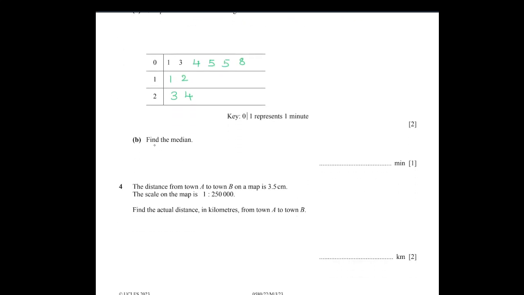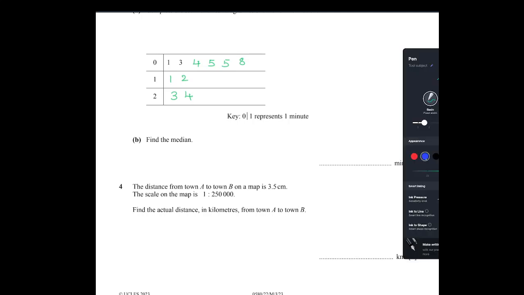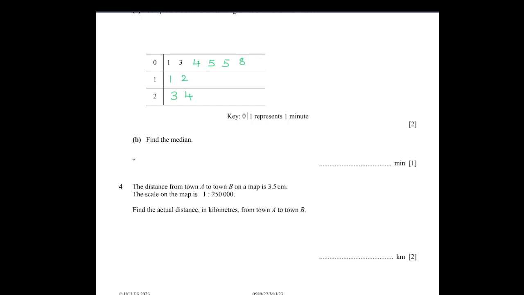Question B in 3. Find the median. So for finding the median, now you have to arrange these numbers in order from smallest to greatest: 1, 3, 4, 5, 5, 8, 11, 12, 23, 24. That is 10 numbers.